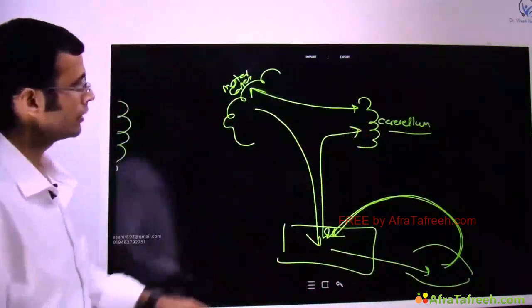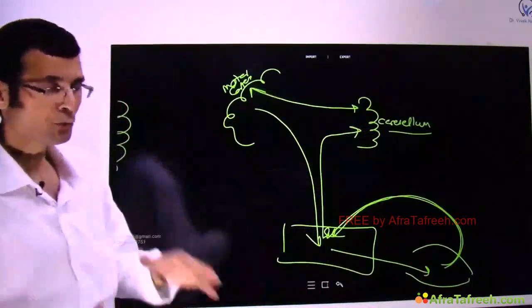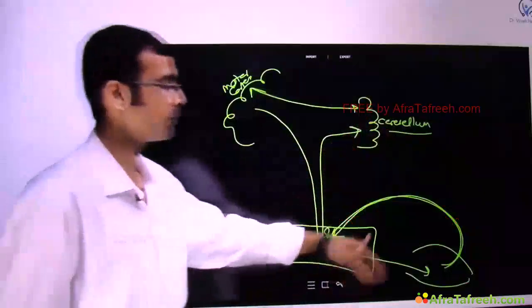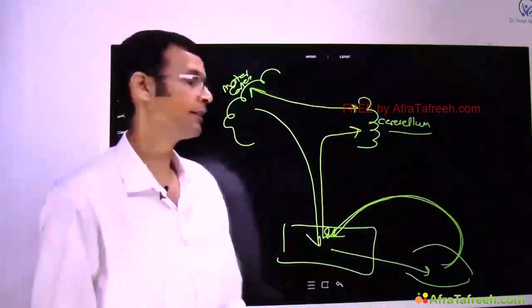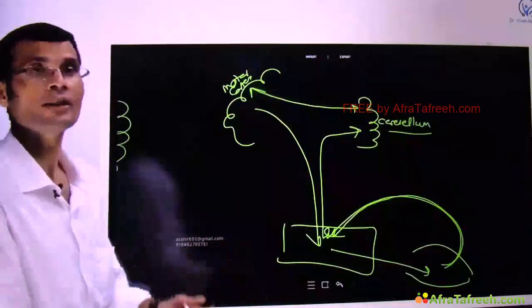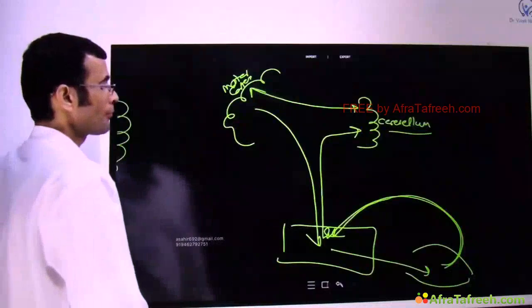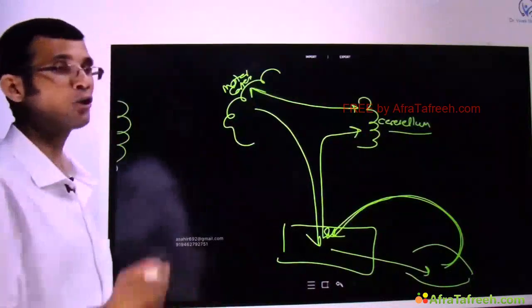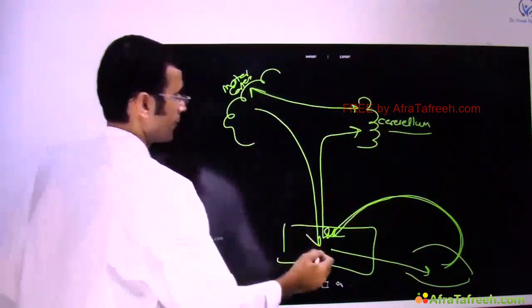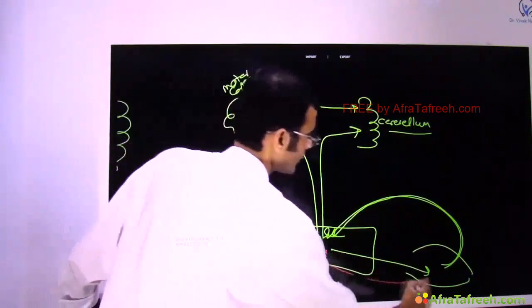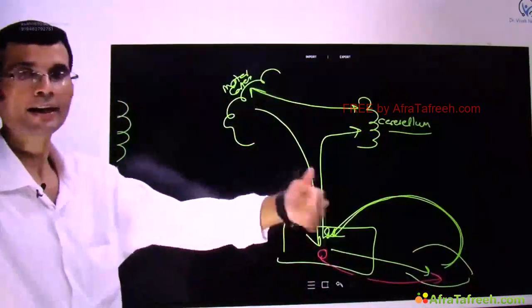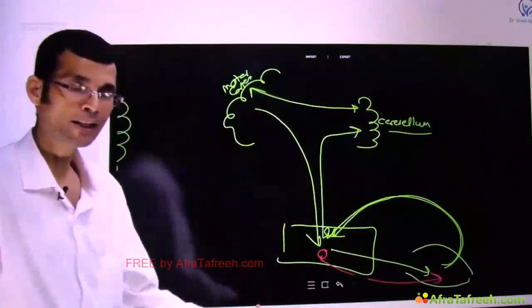Fine. Apart from these two signals, one from the cortex regarding the intention and one from the muscle as to what is actually happening at the muscle, there is one more signal which we are discussing now, the ventral spinocerebellar tract: the efference copy of the anterior motor neuron. Look, there is the anterior motor neuron. It is going to send signal to the muscle for the contraction. Those signals will be sent from anterior motor neuron to the muscle.